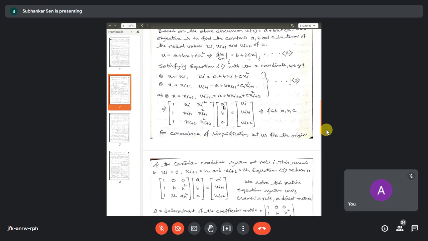Factorial 5 means 5 into factorial 4. Factorial 4 was 24, so your operation count is now 5 into 24 with a 4 by 4 matrix. It means 120. So it was 24, and just by one increase in matrix size, your operation count goes from 24 to 120.